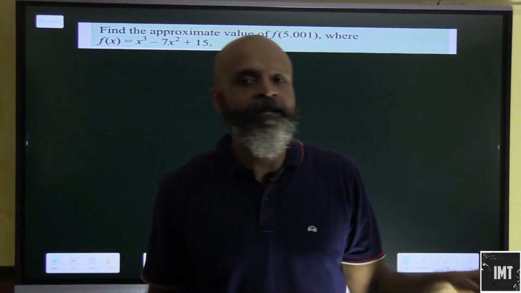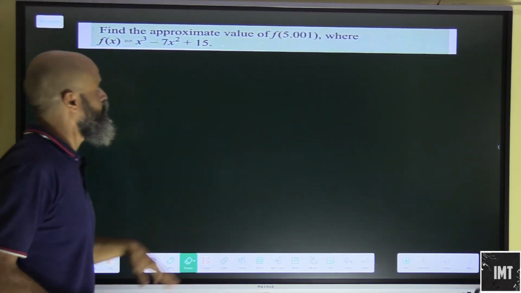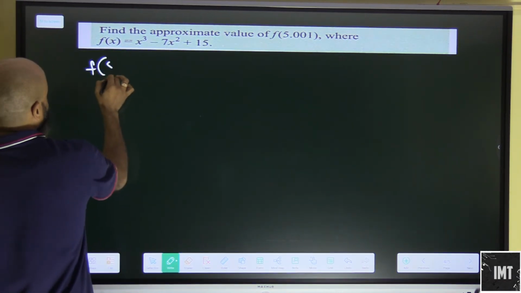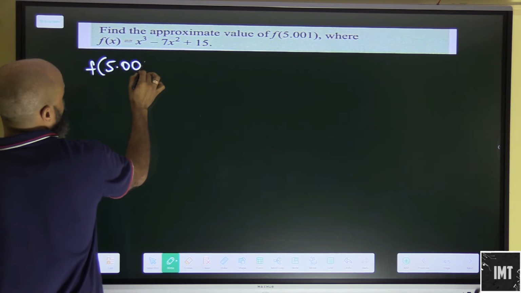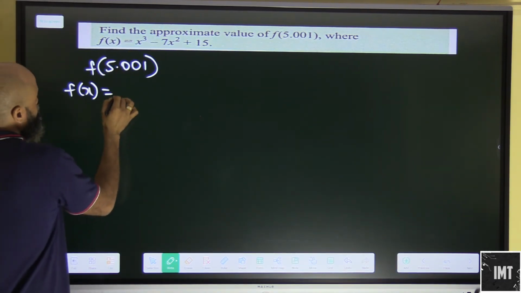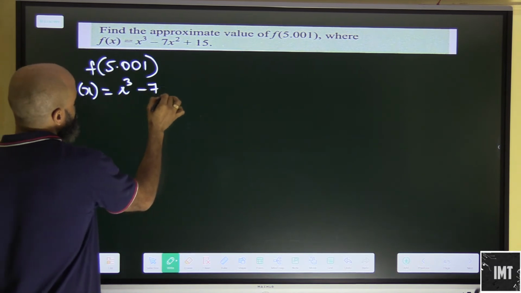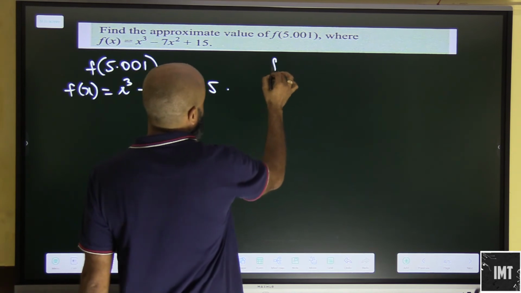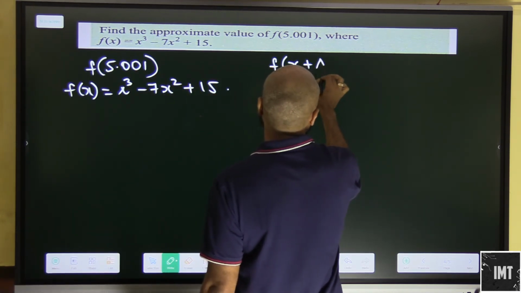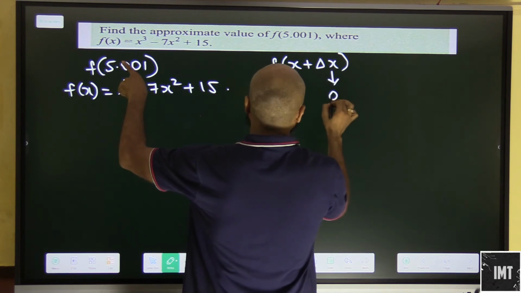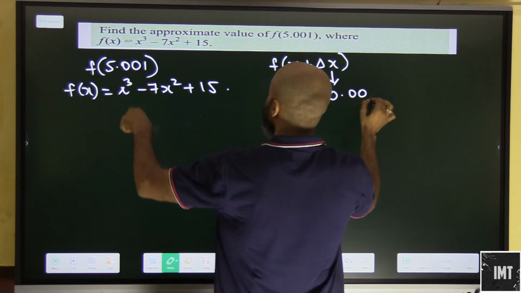Okay, so in this case we have to find the approximate value of f(5.001). Here we have f(x) equal to x cube minus 7x square plus 15. So we have to find f(x plus delta x). Obviously x will have a value of 5 and delta x will have a value of 0.001.